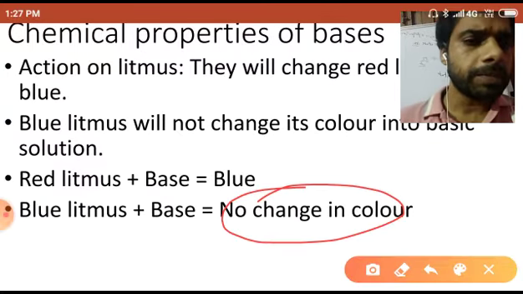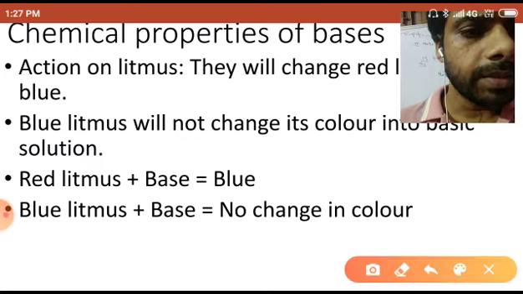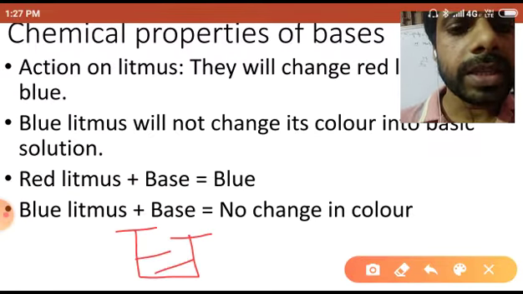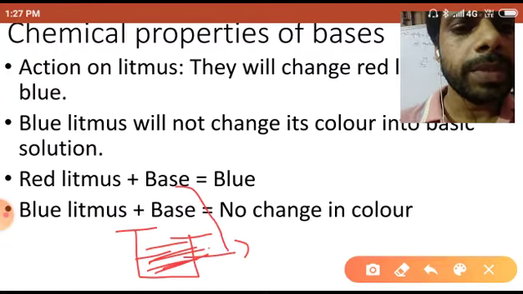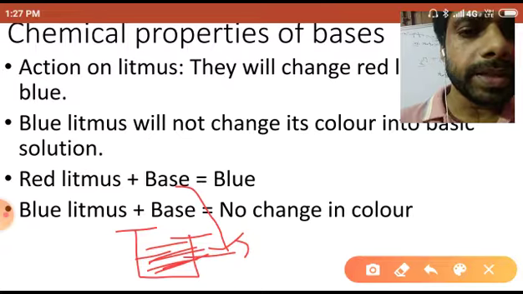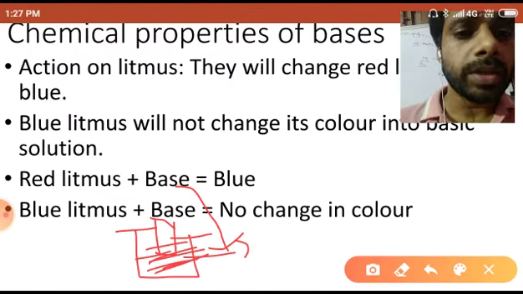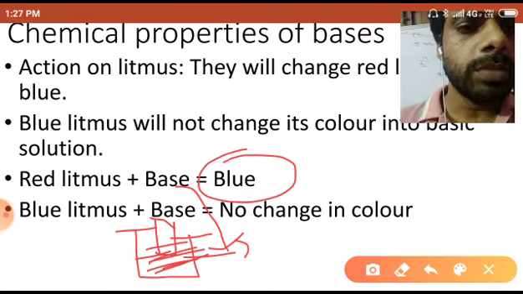Now, if I take in the beaker some basic compound in aqueous solution, here is the base. If I put the red litmus paper into it, immediately it will change into blue color.